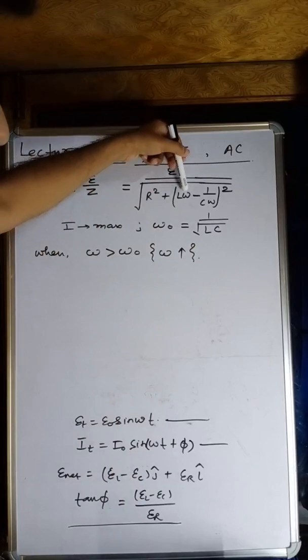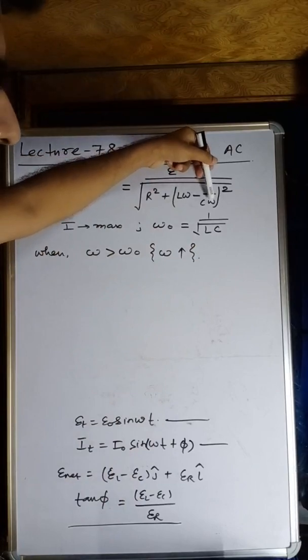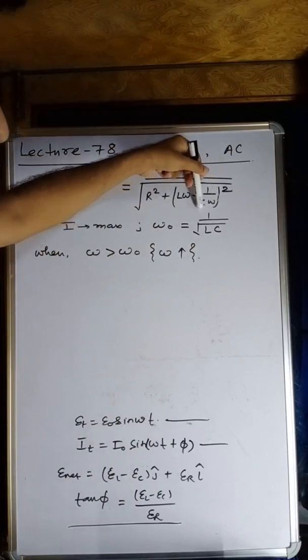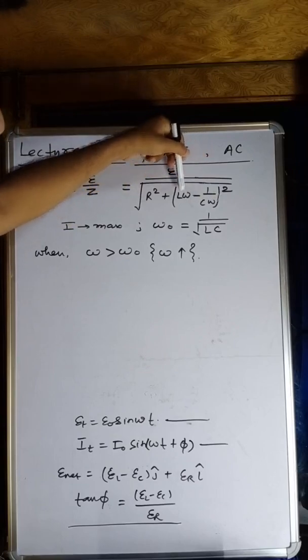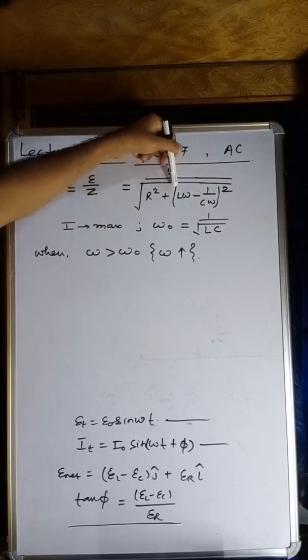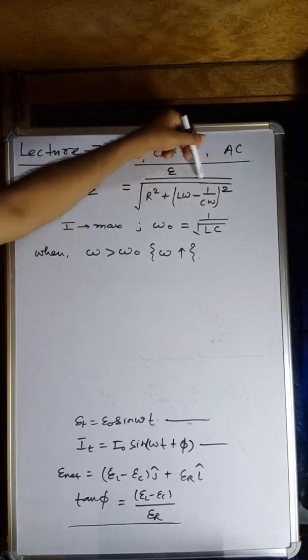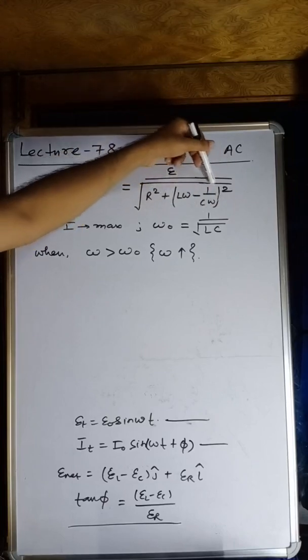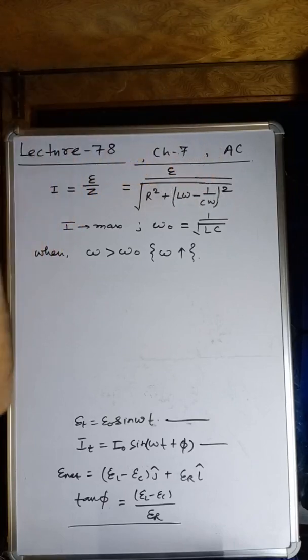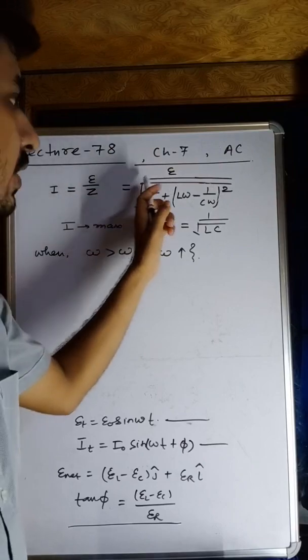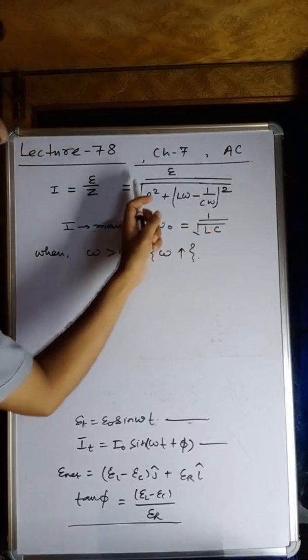If omega is increasing, this whole quantity L omega minus 1 by C omega will increase, and so Z will increase.